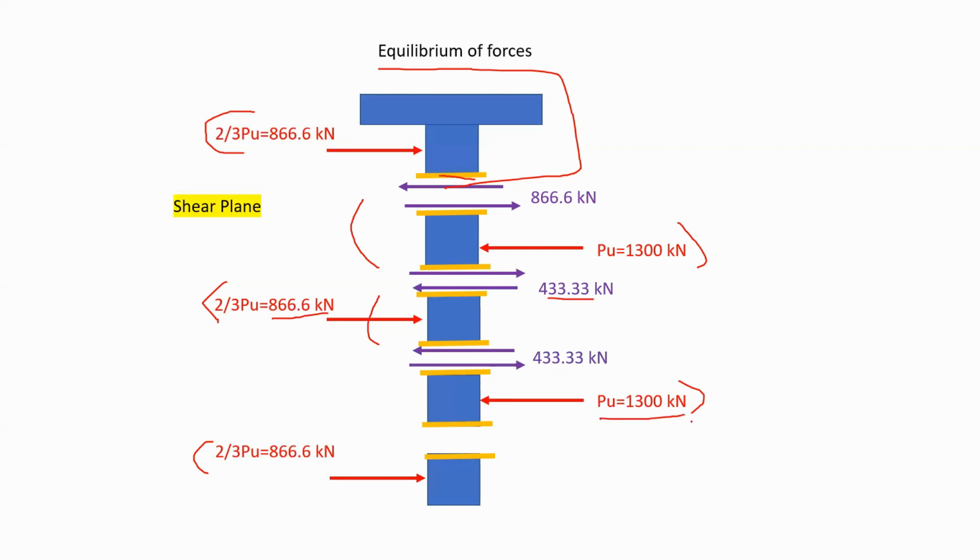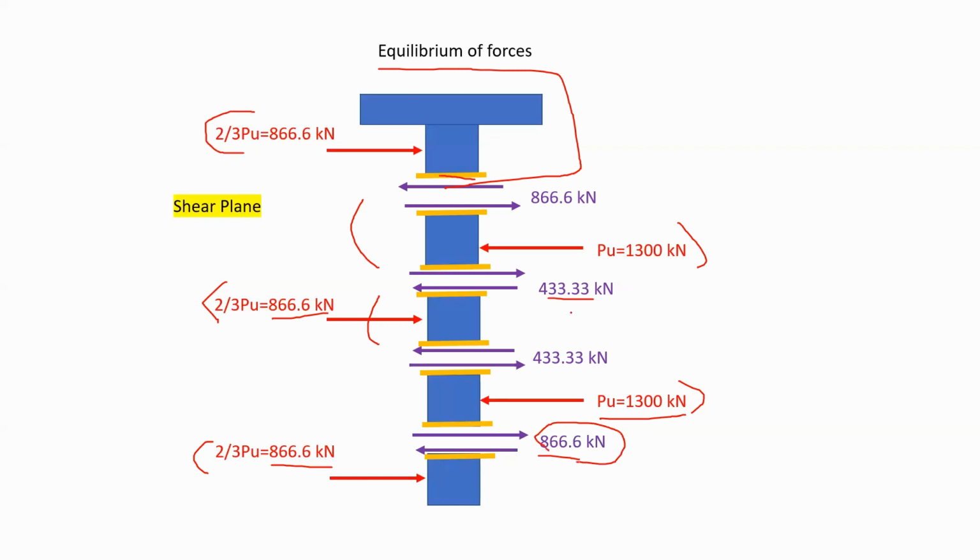Now this time I have the force on this piece equal to 1,300 kilonewtons. So what force do I need for equilibrium? 866. 866 lastly will be opposite in direction for this part. And here, as you can see, 866 minus 866 is 0. So you're all good. Now, considering all the planes you have, what is the maximum shearing force you observe?